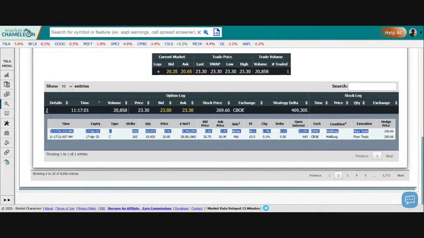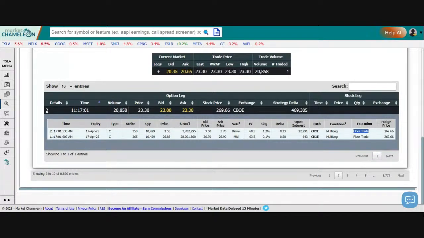So each leg over here, you could see that here's the April 17th 350 call, traded $3.55, 10,400 contracts, and this was on the SIBO, right? It was a multi-leg trade on the SIBO, and it was a floor trade. And floor trade means that it was executed with human touch.